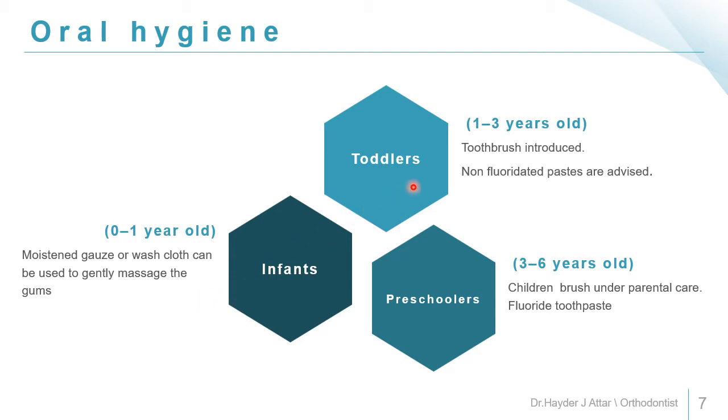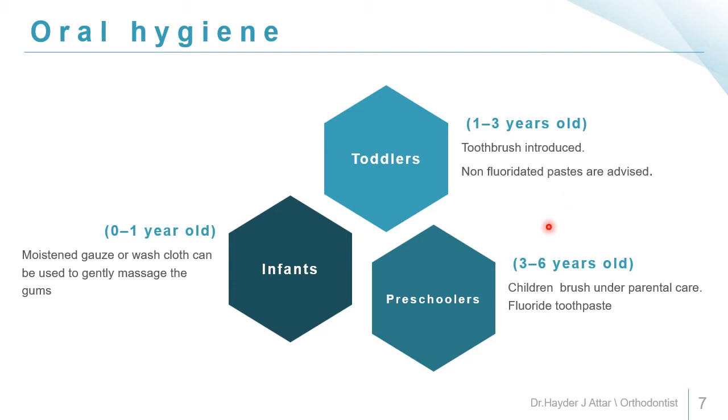For toddlers, the children from 1 to 3 years old, we can introduce the toothbrush with a non-fluoridated toothpaste, and the parent should brush the teeth of their children and begin to introduce toothbrushing to them.